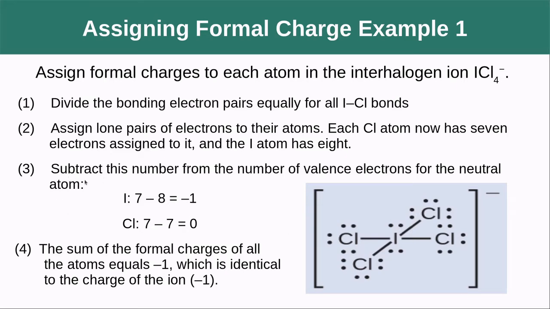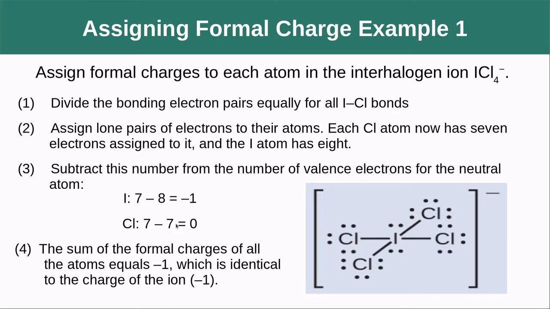If we take a look at the formal charges, we're going to start off with the amount of electrons we expect iodine to have from its group in the periodic table. We got 7 here, okay? If we subtract out half of each one of the bonding ones, so 1, 2, 3, 4, plus all of the non-bonding ones, 5, 6, 7, 8, we get that 8 value there.